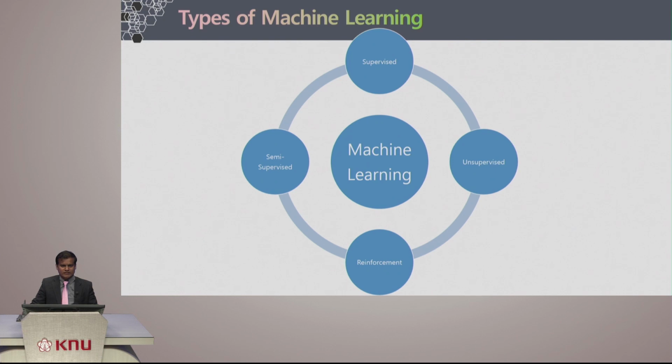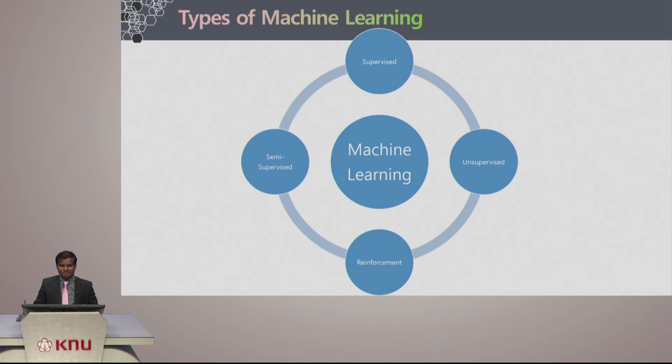Machine learning can be categorized into several different types. As a whole, there are 4 basic types. One is called supervised learning, a very basic method in which you identify already known labels. The other one is called unsupervised learning.